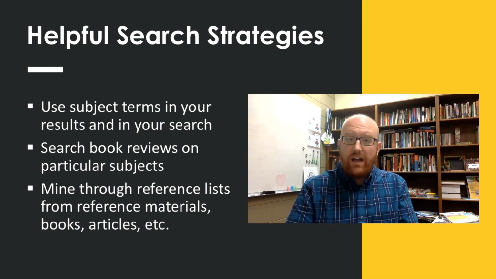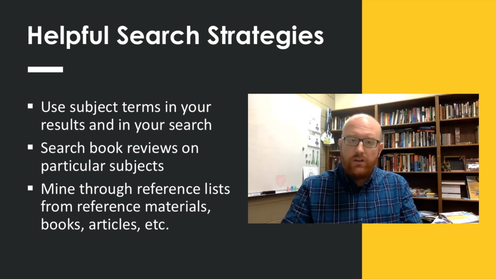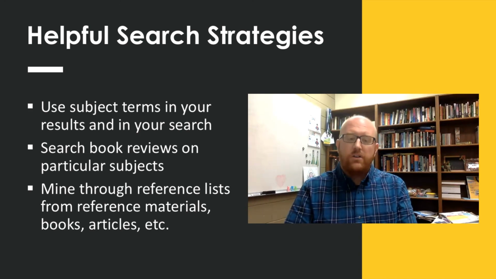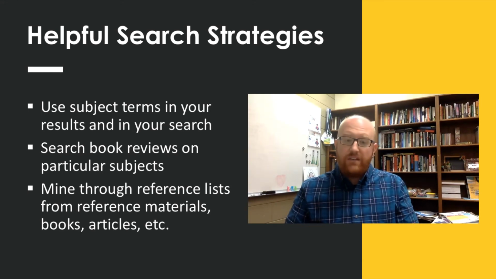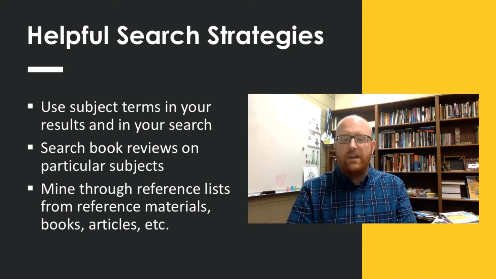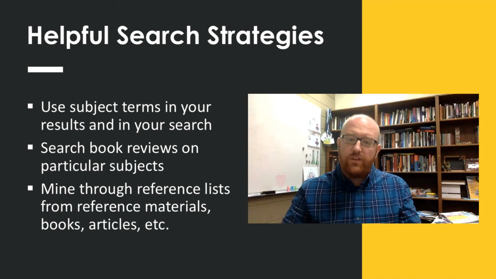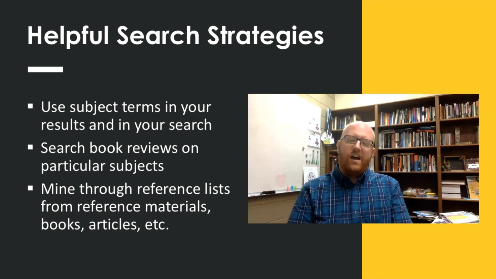And more often than not, you're going to find one, two, three or more sources that are also going to hit your topic as well. So again, this is a great way to connect the dots, if you will, and create a research path instead of just flailing in the wind with your research.